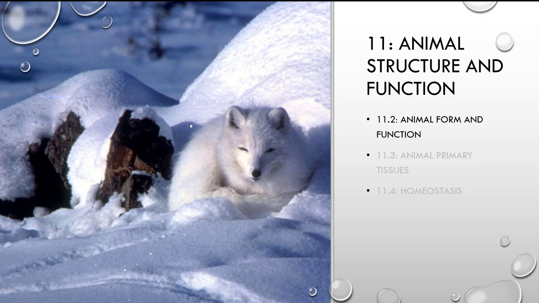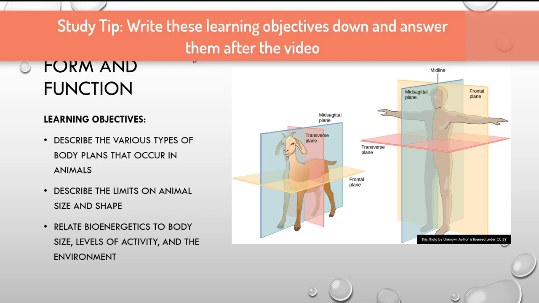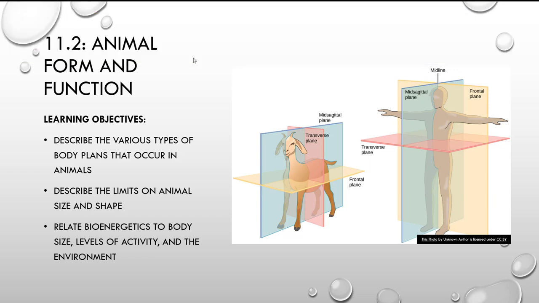Okay, so in this section, we're going to start out with 11.2 in animal form and function. So in animal form and function, we're going to look at how animals vary in form and function. So if you think about a sponge, it's this animal that basically is asymmetrical, compared to a goat that you see here, or a human being, where if we cut us in half, we have two equal sides to us.